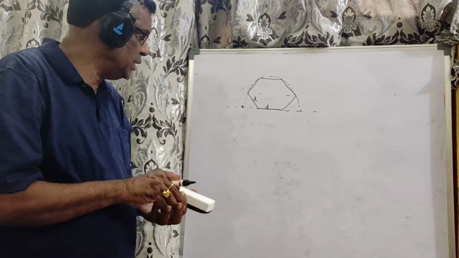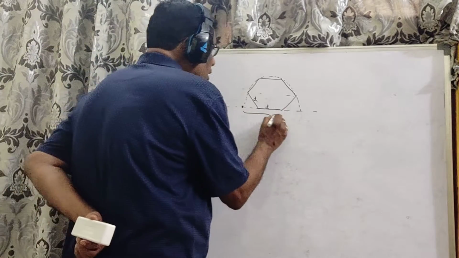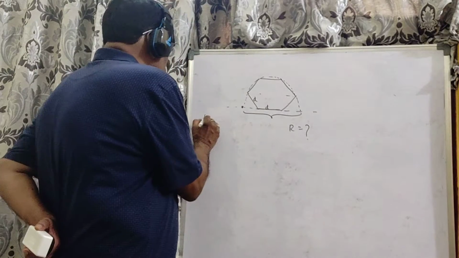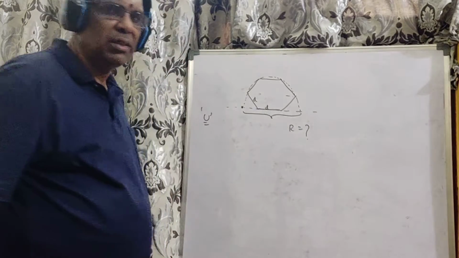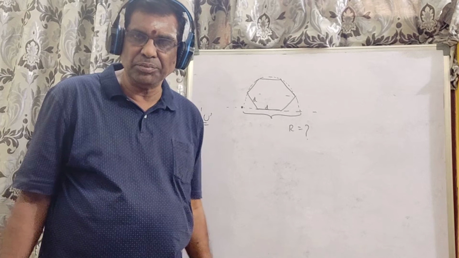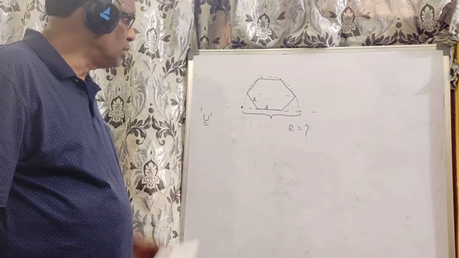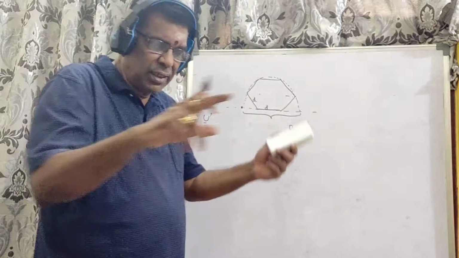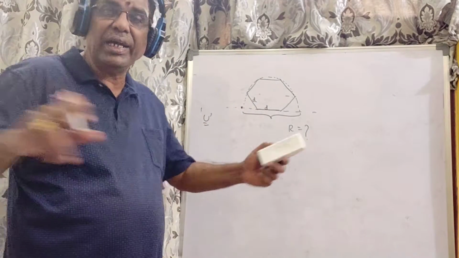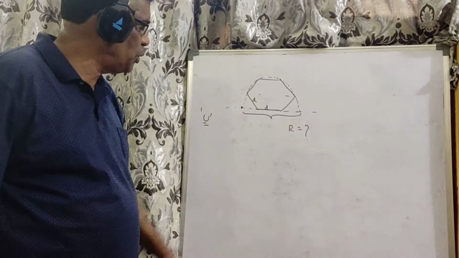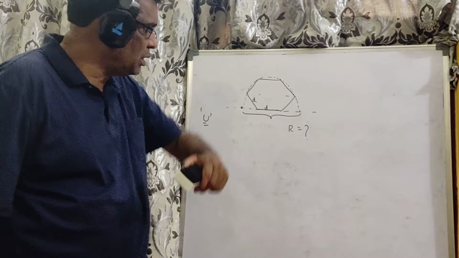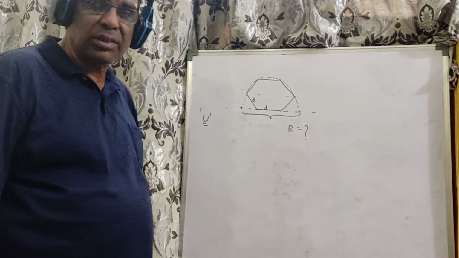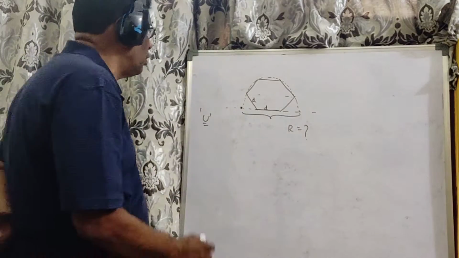If the side is D, what is the range of this projectile if u is your speed of projection? This is the kind of problem. Just now we saw a triangle with all three vertices being grazed past. In this case, it is grazing past four vertices, so how should we go about it?